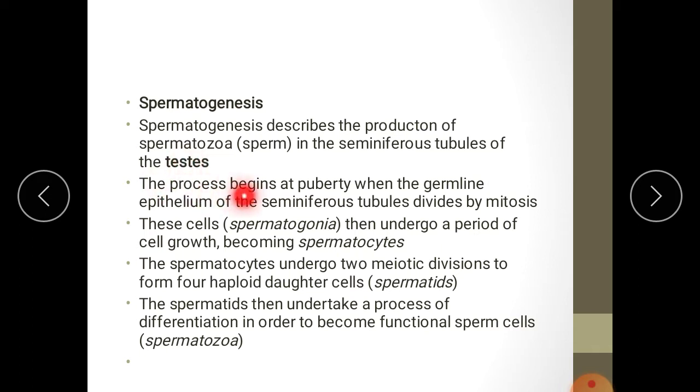The process begins at puberty when the germline epithelium of the seminiferous tubules divides by mitosis. After maturation only, the production of sperms begins. These cells, spermatogonia, then undergo a period of cell growth, becoming spermatocytes.